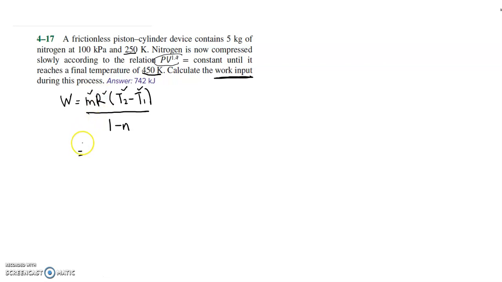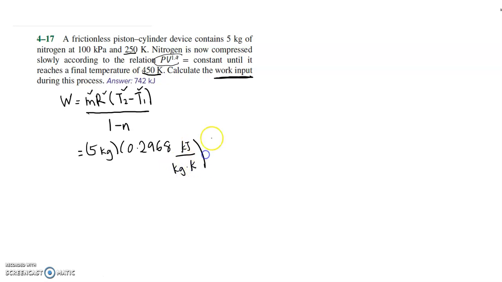Okay, so mass is 5 kg. R is 0.2968 kilojoule per kg Kelvin.